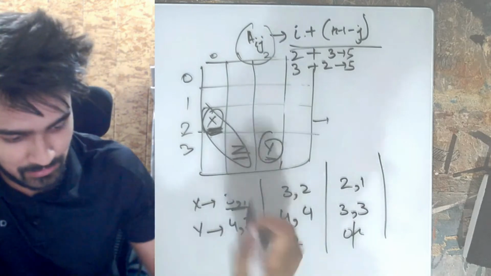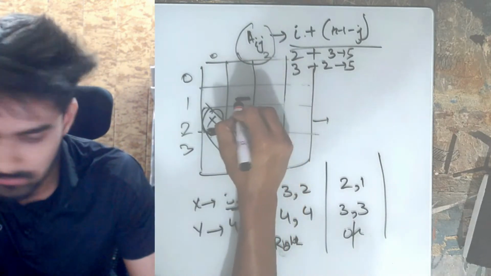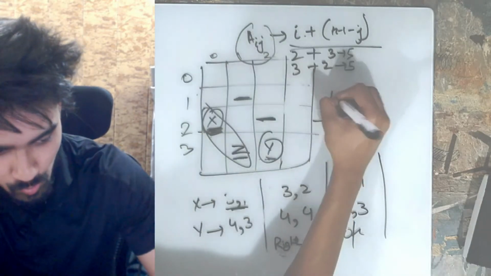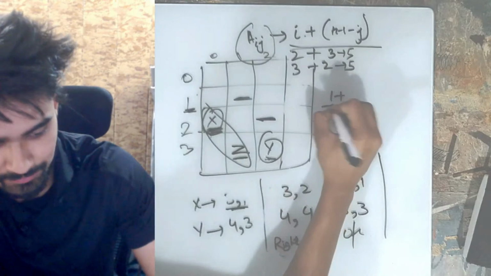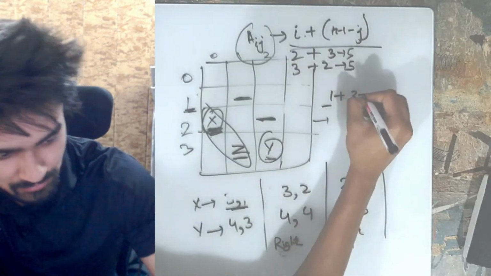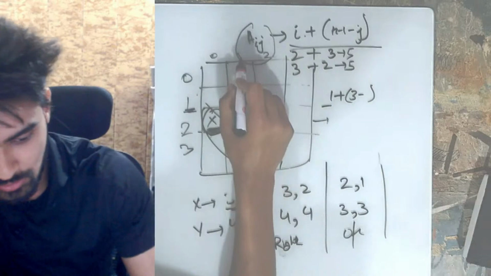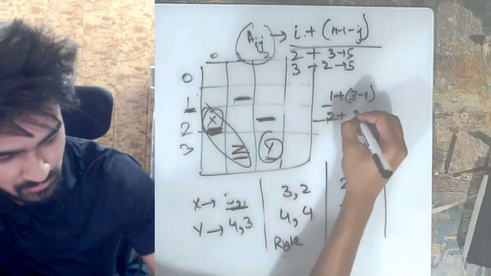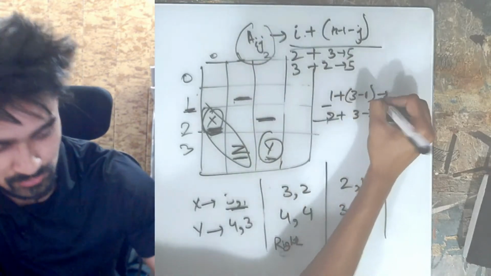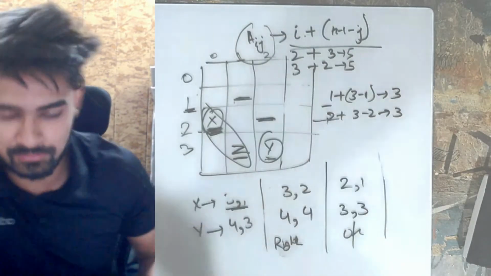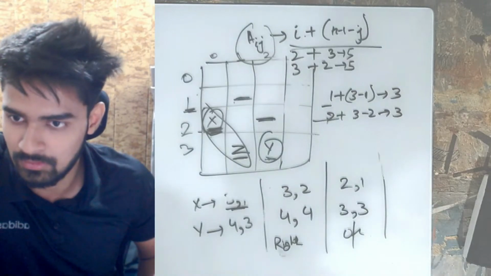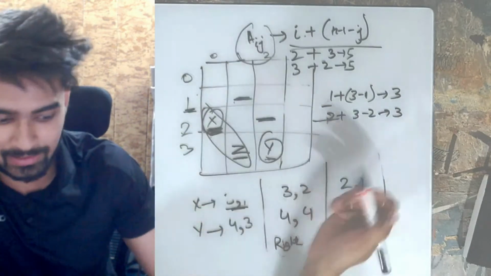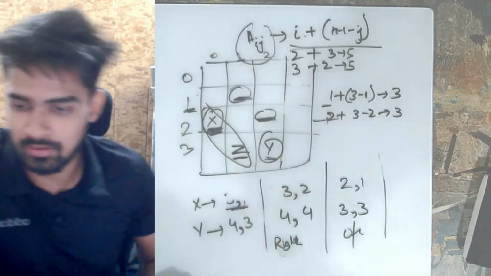Similarly, if you had an element here and here, then this would have been i plus n minus 1, which is 3, minus the column which is 1, and this would have been 2 plus 3 minus 2. So this is 3 and this is also 3. Which means that no matter how many operations I do on this one, up, down, right, left, these two elements will always be on the diagonal.